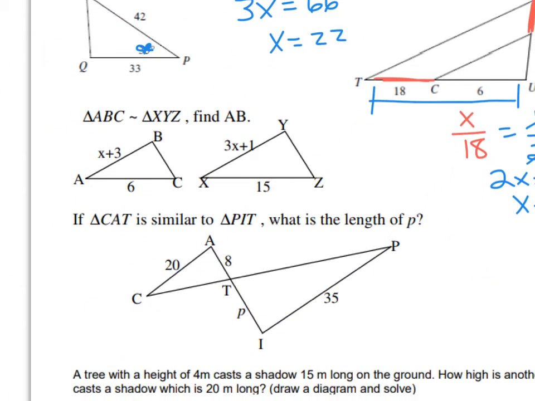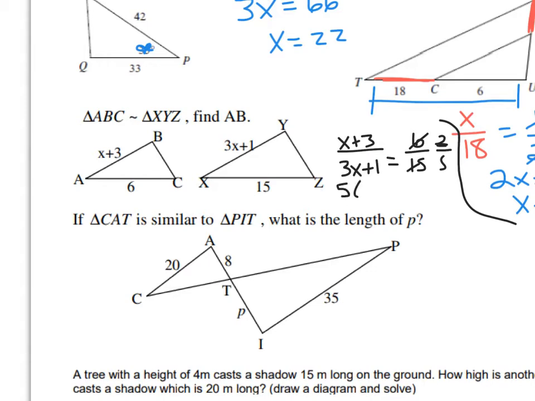Sometimes we're going to need a little bit more work for cross multiplying. So here I'm going to get that x plus 3 over 3x plus 1 equals 6 over 15. I'm going to reduce that to 2/5. I need to make sure I put parentheses.